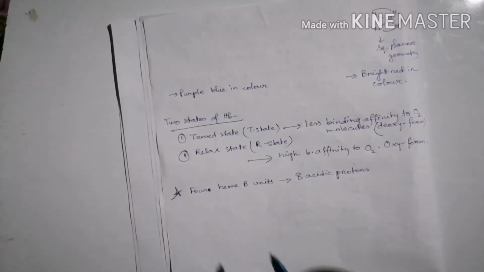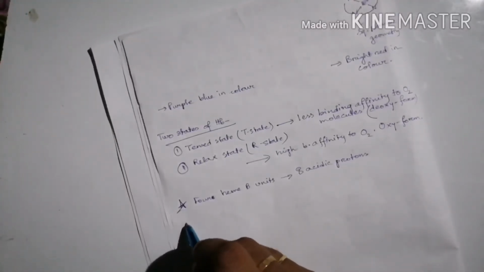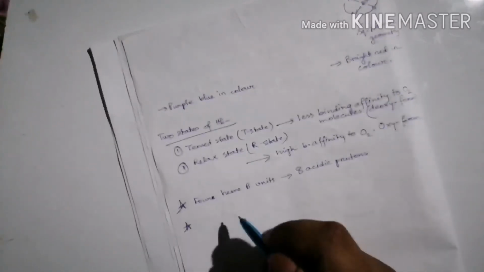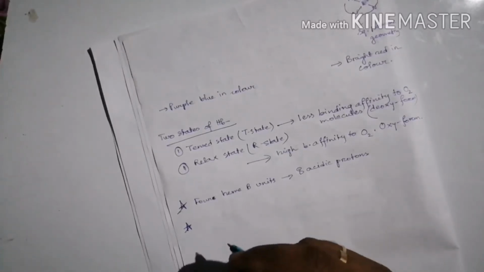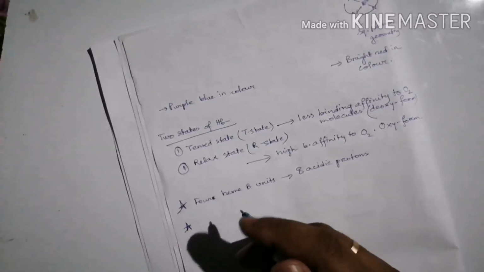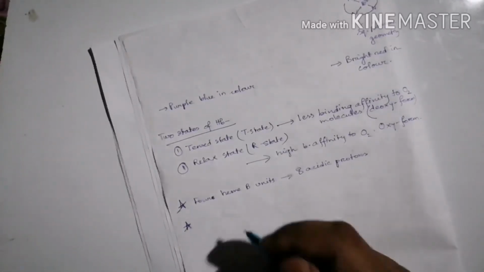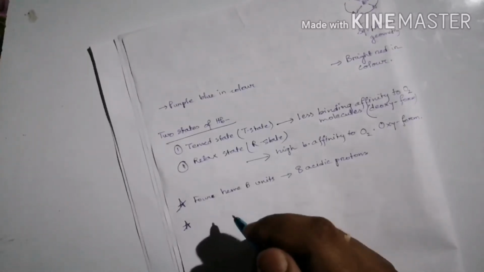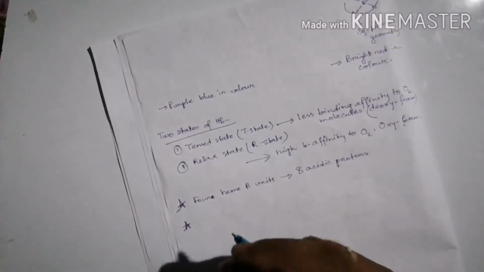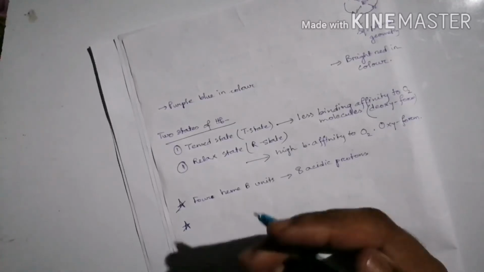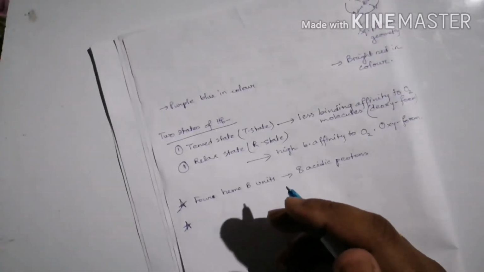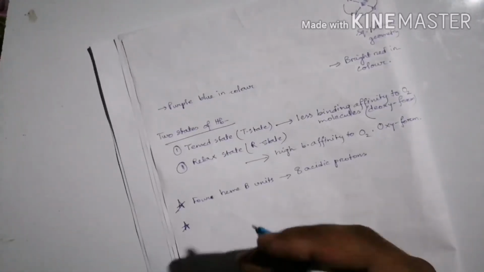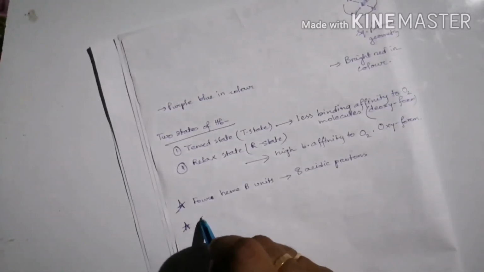Now, the 4 heme B units have a tendency to accept one oxygen molecule successively. After the first binding of oxygen to hemoglobin, the capacity of the hemoglobin to bind the second oxygen increases. Consequently, the third and fourth binding of oxygen increase further. This is known as the cooperativity effect.